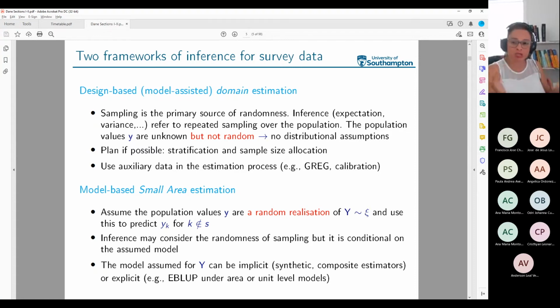The population is fixed. The values of each one of the attributes of the individuals in that population are also fixed. If I had a census, there is no question. I wouldn't have any need for confidence intervals or variance estimation or anything like that. If I had a census, I would just sum and count.